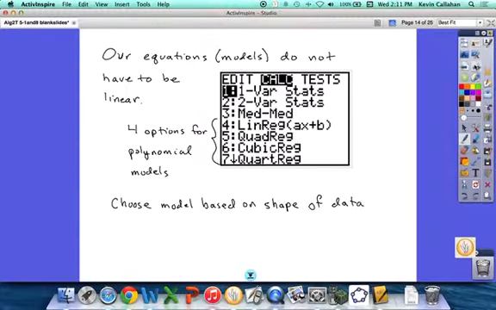Okay. Now, the thing is, when you went to that option, the menu, Stat Calc, there were actually more options there. 4 was linear, but we should recognize the next 3 now because of what we learned at the beginning. Quadratic, we kind of already knew. So you can make a quadratic regression. You could make a cubic regression. You could even make a quartic regression in your calculator.